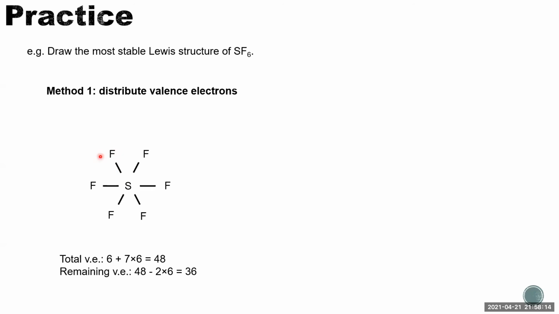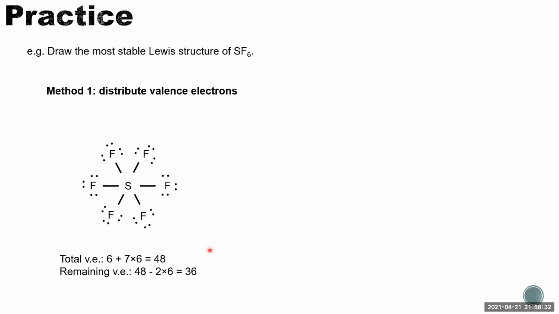Each fluorine already has 1 bond, so it has 2 electrons. We need to put 6 electrons in 3 pairs around each fluorine. We have 6 fluorines, so 6 times 6 equals 36. We use up all of the valence electrons.